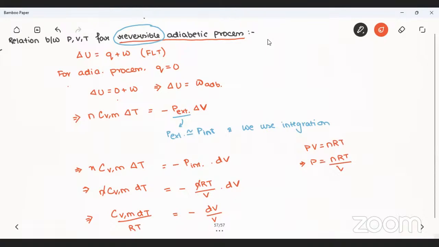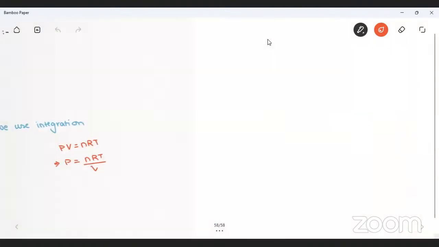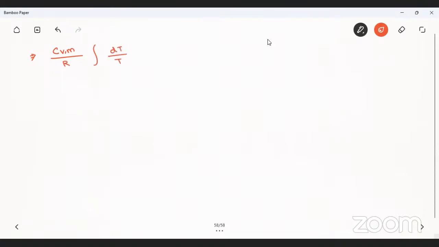Yes, ma'am. Okay. Now, have you understood why I have written delta U as this? In yesterday's class, we derived this formula. Right? Okay. So what can we write like this? CVM is a constant, remember, so CVM by R integration of dT by T from T1 to T2 is equivalent to minus integration of dV by V from V1 to V2.